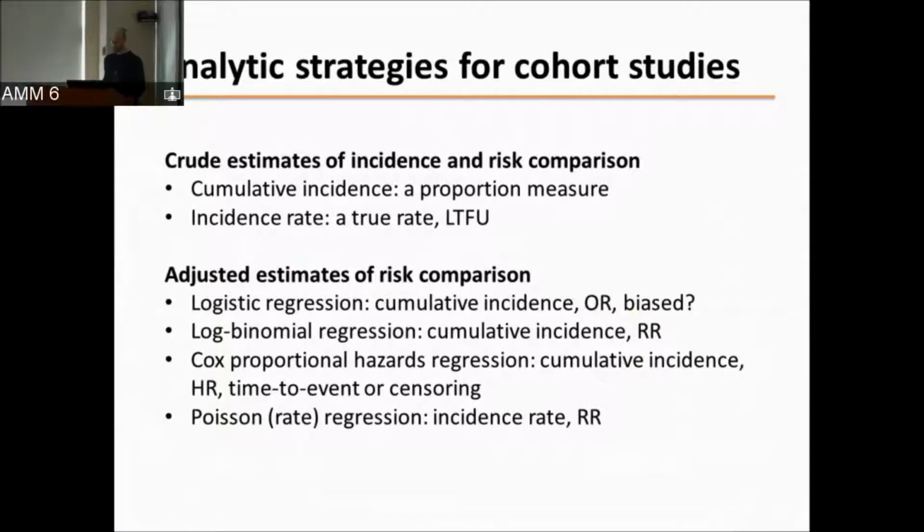And personally, I may not make any fans with this, I think that's a lazy way of doing it. So you have people that experience an outcome, yes or no, great, it fits a logistic model, that's fine, and you get an odds ratio out of it. The question is how well does that odds ratio approximate the true relative risk that you're trying to get at?